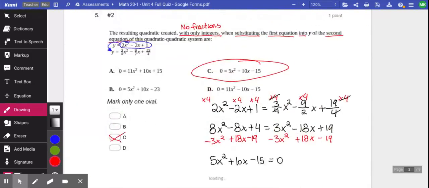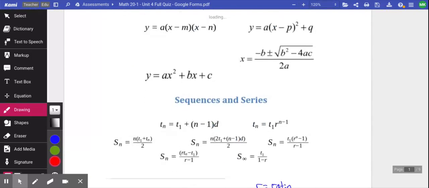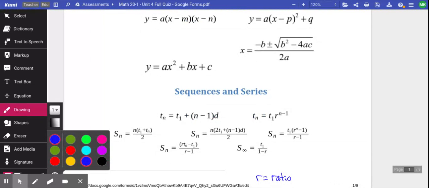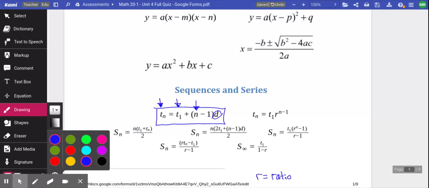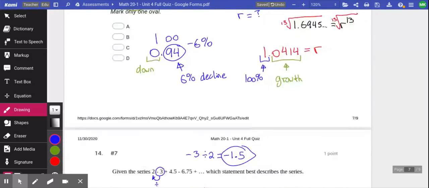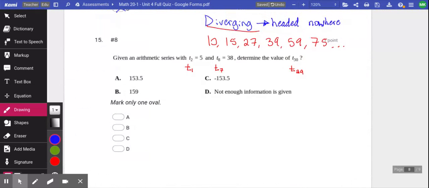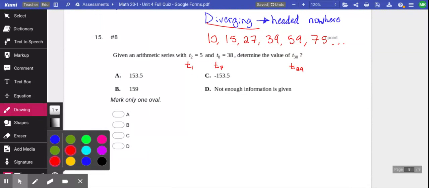When I look up here at my formula sheet, this formula right here could be used to find my difference because I know my 7th term, so I know a random term. I know my first term now. I also know the number that my random term is. It's 7. And then the only thing left is D. So I'm going to use that formula to find my value of D.